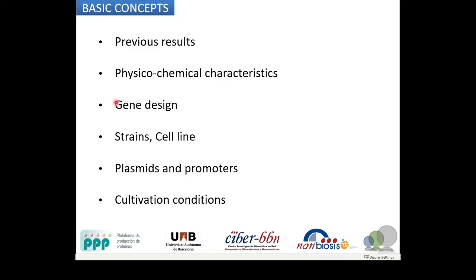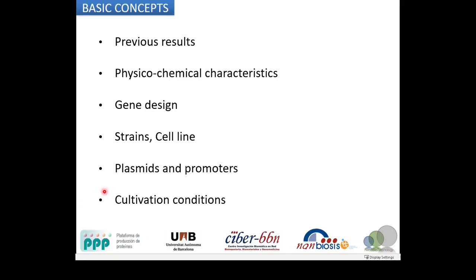Also, there are several tools for designing the gene in order to obtain a DNA sequence which can be effectively transcribed and translated by the expression system. Also, there are several tools that need to be selected, from strains, cell lines, plasmids, and promoters, which can give characteristics that can be important for the success of the process.